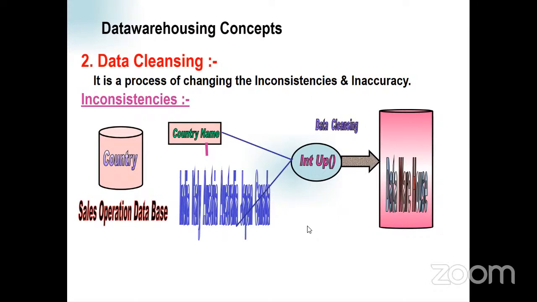In DataStage we also have uppercase, so all the data can be converted into uppercase. If they need it only in uppercase, we can apply uppercase to the column name, and then automatically all the data will be transformed from lowercase to uppercase. So this inconsistent data can be handled with various transformations.